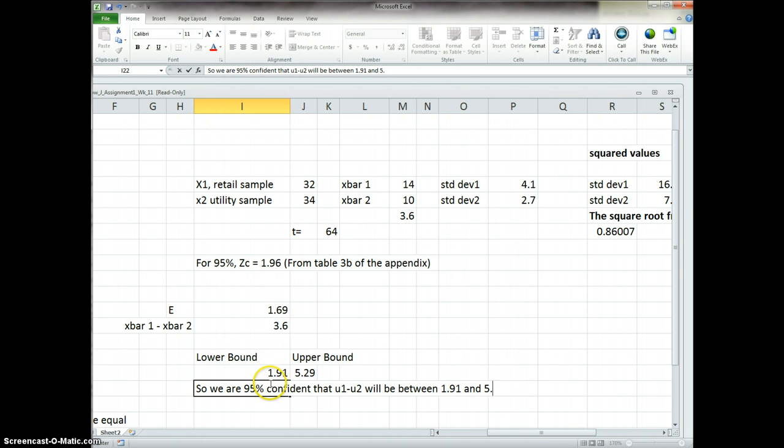So we are 95% confident that u1 is larger than u2. Or in the context of the problem, the percentage of stockholder equity for retail stocks is higher or larger than it is for utility stocks.